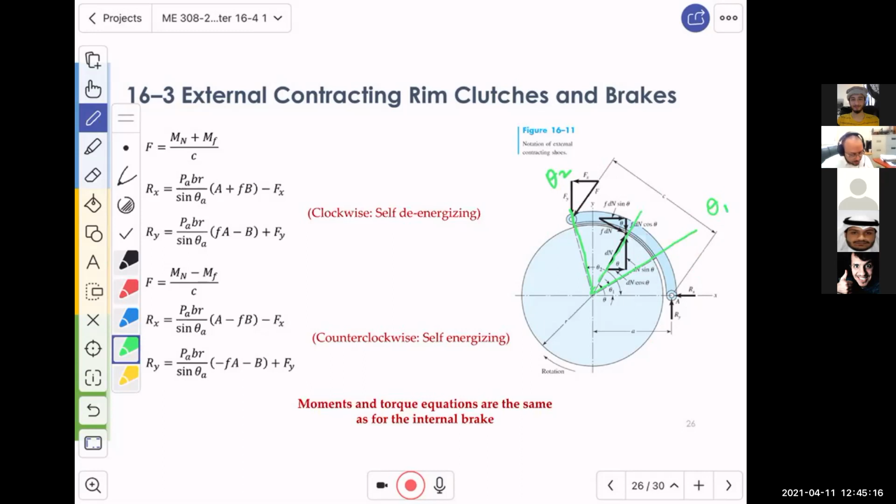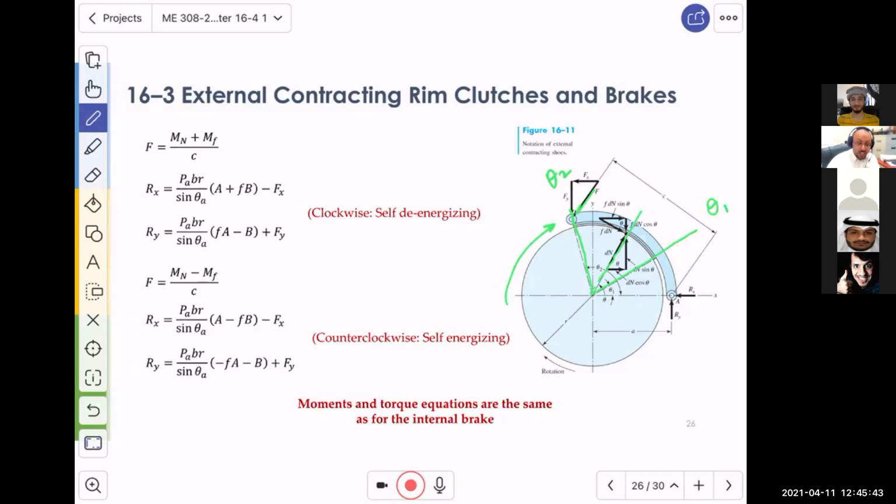Now, what is the difference between external and internal? Well, first of all, with external configuration like this, you can see that a clockwise rotation is in the opposite sense of the actuating force.